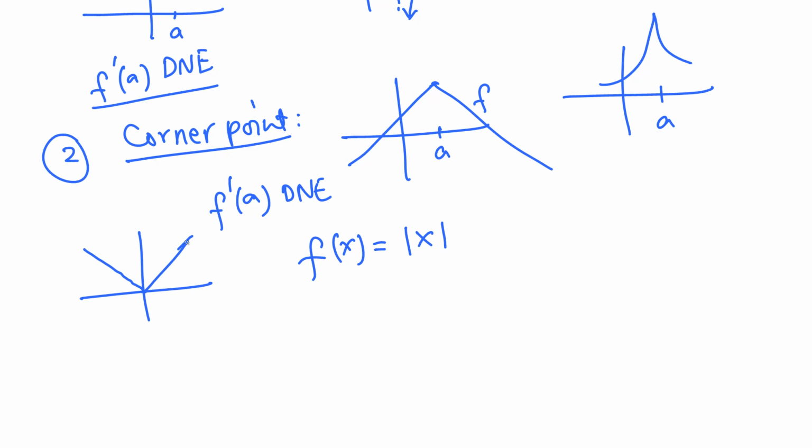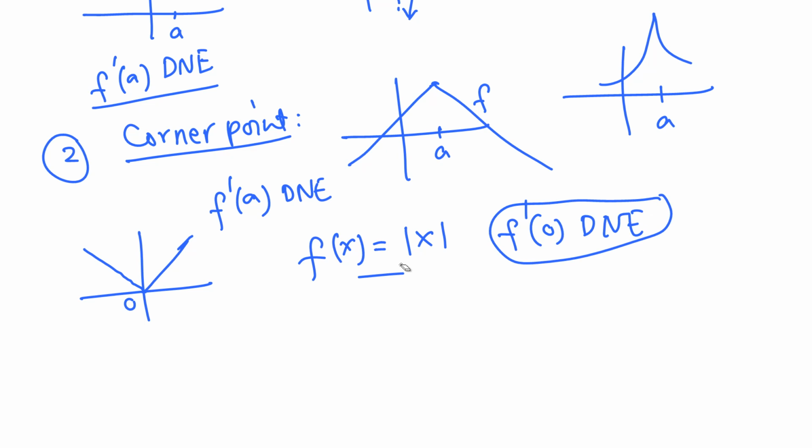This is the graph of absolute value of x, and at 0 we have a corner point, so the derivative does not exist. f prime at 0 does not exist. So I want to prove this here. Let me show you this.